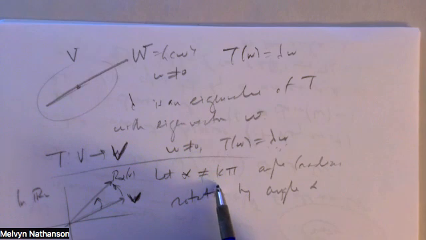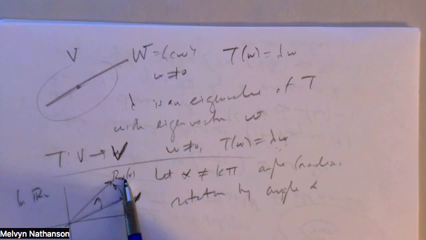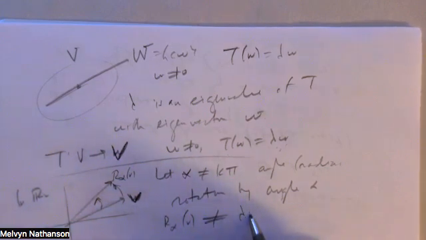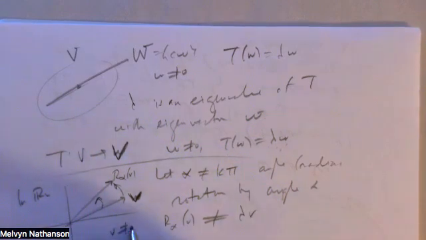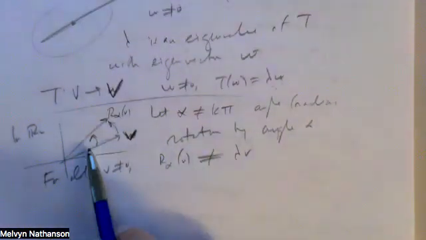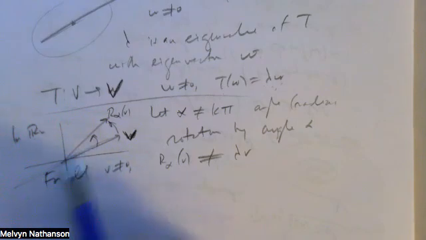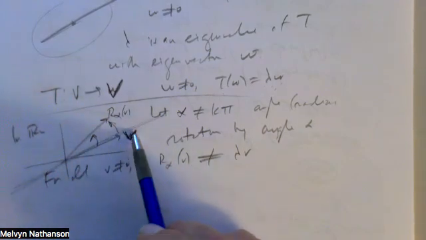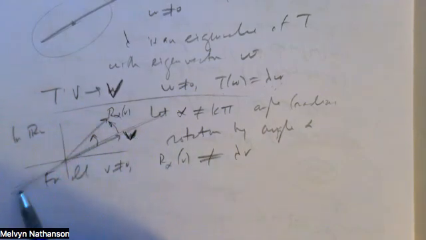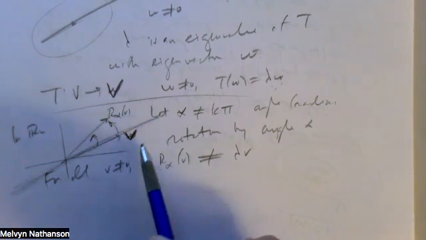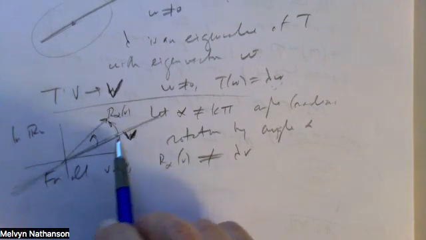And unless you're rotating by a multiple of pi, R alpha of v is not equal to lambda v. So v is different from 0. For all non-zero vectors, when you rotate the vector, you're not on the line through v. The one-dimensional subspace generated by v is just the line through the origin and the vector v, all scalar multiples of v.